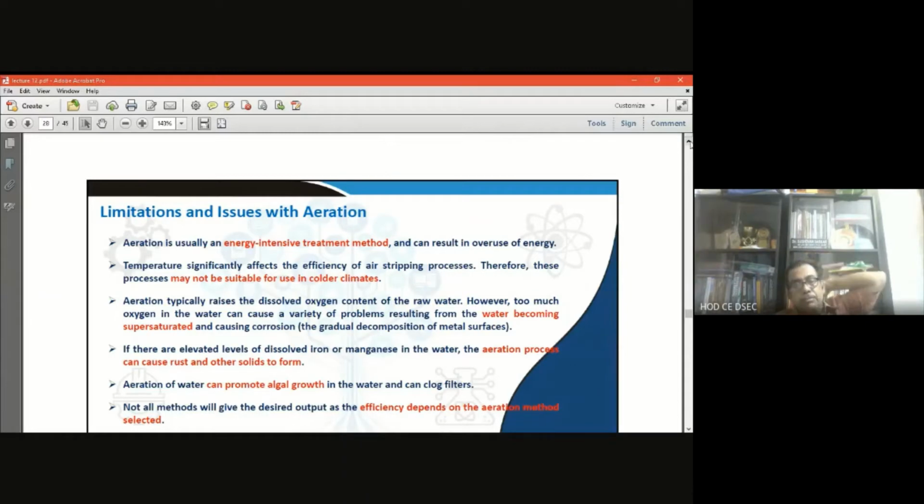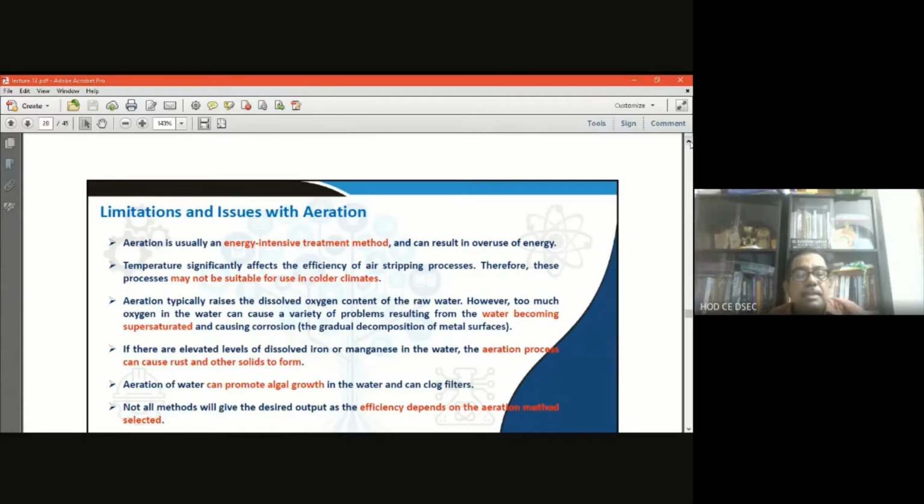A motor is operated for aeration purposes, so definitely there is a consumption of electric power. So definitely it is an extensive overuse of energy, and temperature significantly affects the efficiency of the air stripping process. It may not be suitable for cold climates. In colder regions, this aeration process does not work effectively.